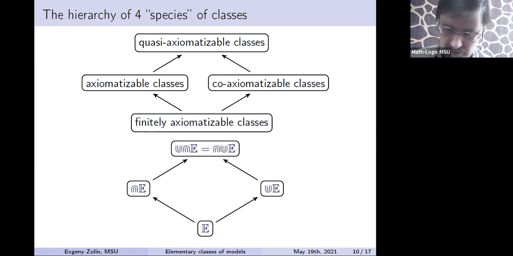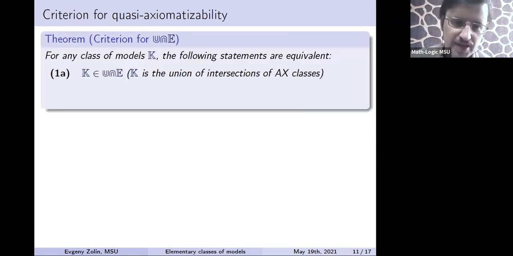And this something will be very simple. So for any class of models, and as you can see, this is applicable to a wide range of situations, not only to the first order logic, to model logic, to some more general situation. We only need that our language has the conjunction, disjunction, and negation.